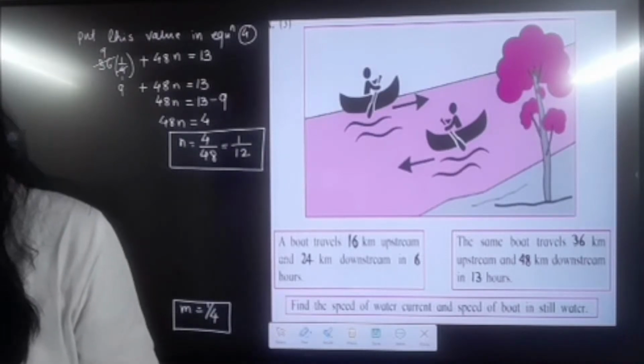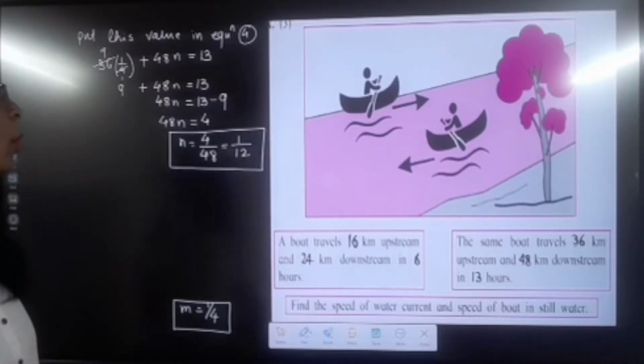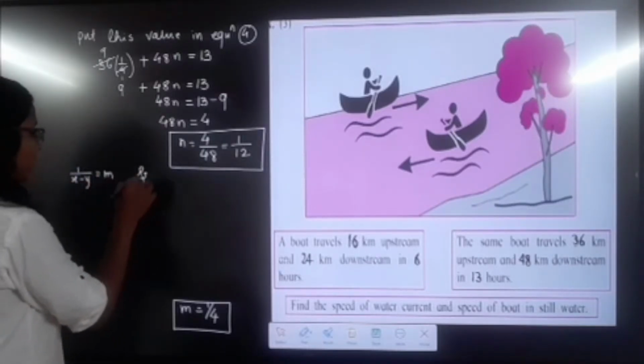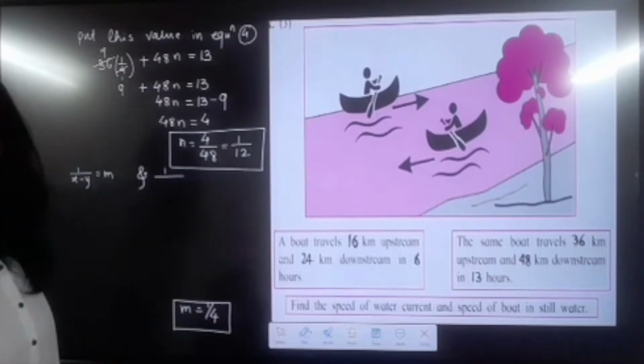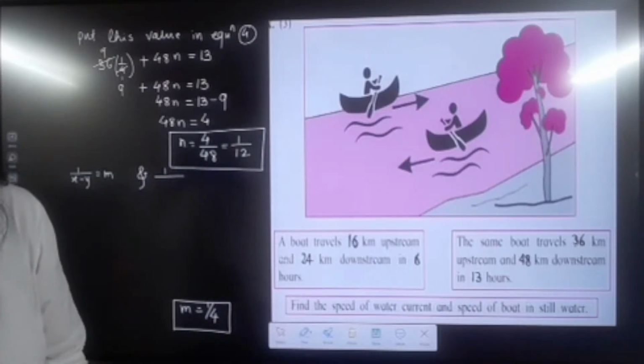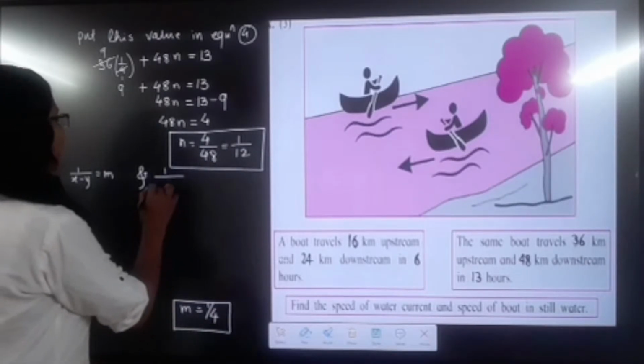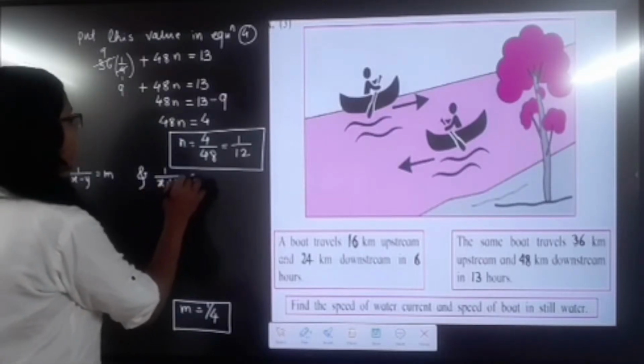Okay, students. So now we consider that 1 upon x minus y as m, and 1 upon x plus y as n.